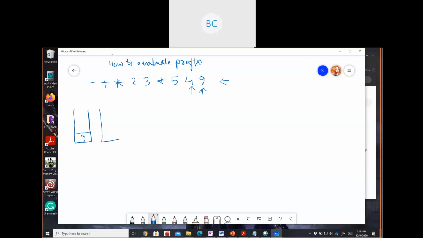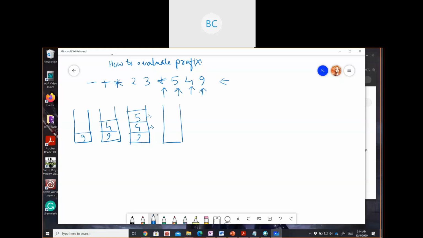You will push it to the stack again. Next here again, there is a number. You will simply push it to the stack. Now here you have an operator, which is multiplication. So the moment you get an operator, you will simply pop two elements from the stack, perform the operation, then put it back onto the stack.